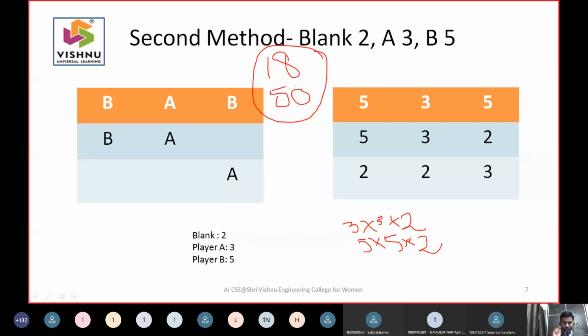So is there any intelligence difference between the first one and the second one? Which is better? Can somebody tell me which is better actually? The second method is better. The reason is every time it is alerting you that the opponent is going to win.